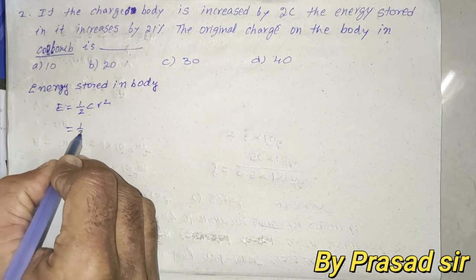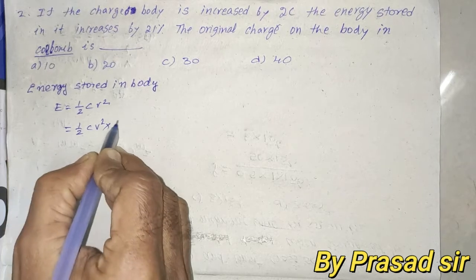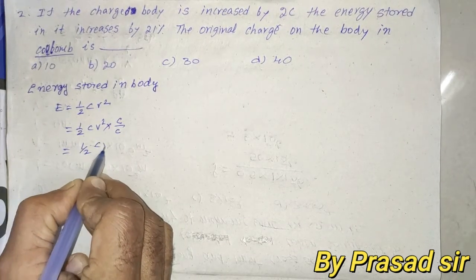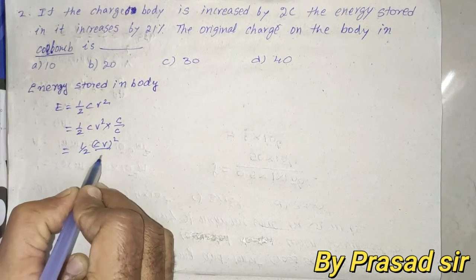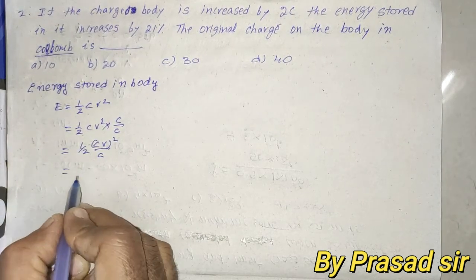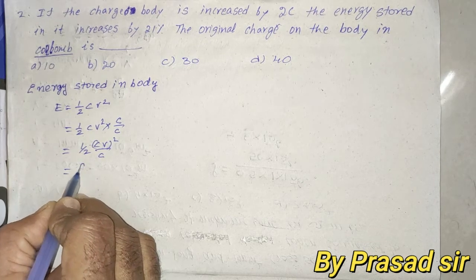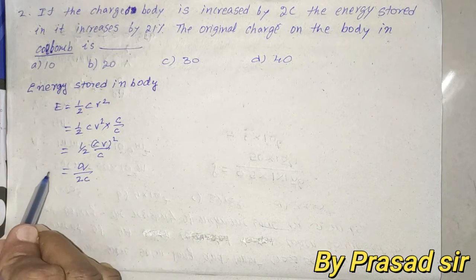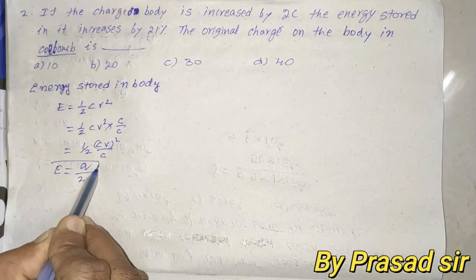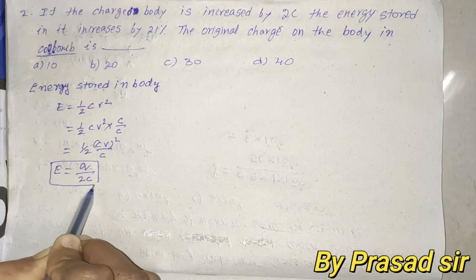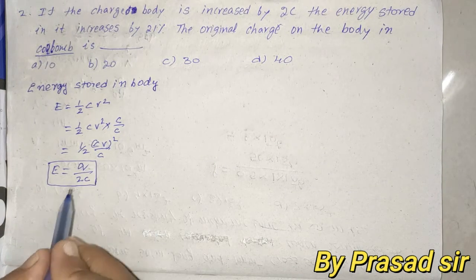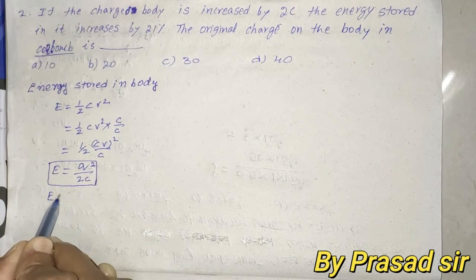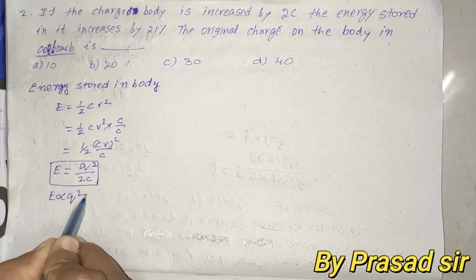Here first of all, half CV square multiplied and divided by C, we will get half CV whole square divided by C. CV is nothing but Q, so energy is equal to Q square divided by 2C. So here CV is Q, so energy is directly proportional to Q square.